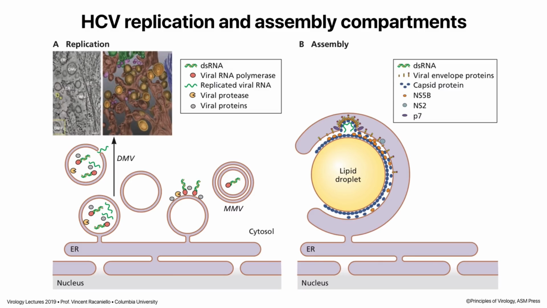So that green is a new RNA molecule that has been made. It's associating with capsid proteins and some envelope proteins. And eventually this will bud off into that space and move to the cell surface. So again, this whole network of vesicles transformed the normal structure of the cell, is made for RNA synthesis, and in this case, assembly as well.